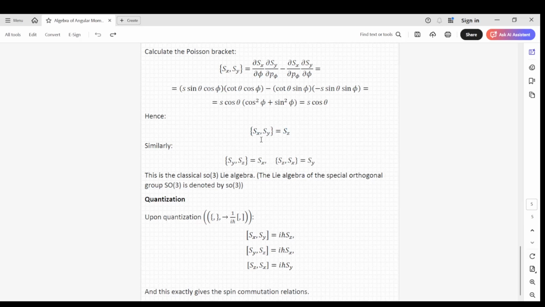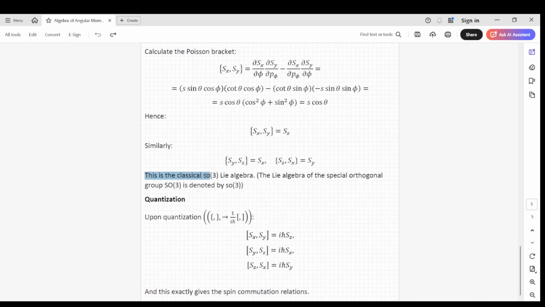And when you convert this to a commutator, you get the commutator between s x and s y equal to i h bar s z. Similarly, you can compute the Poisson brackets for s y, s z, and s z, s x, and you will get these quite obvious results. That's the result that you should expect.